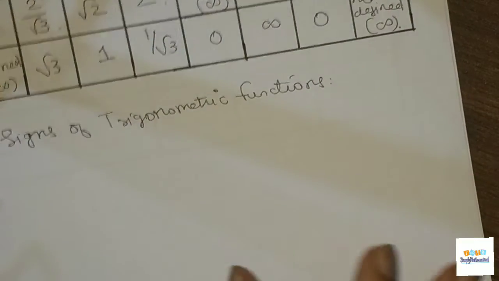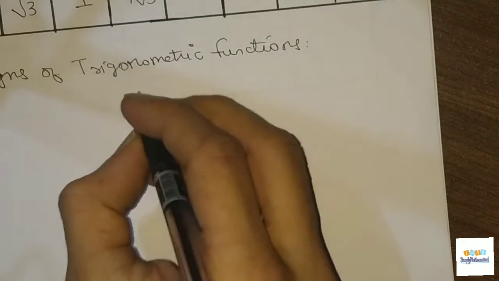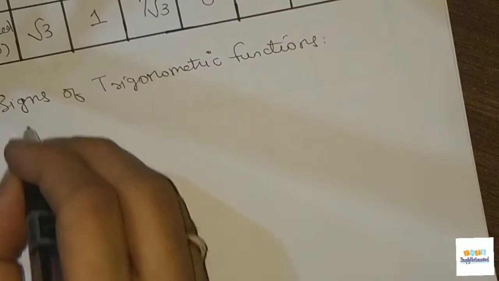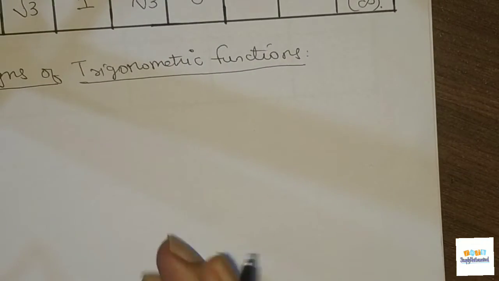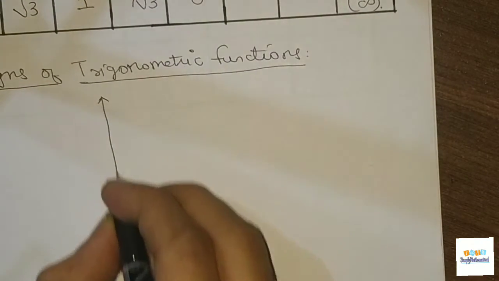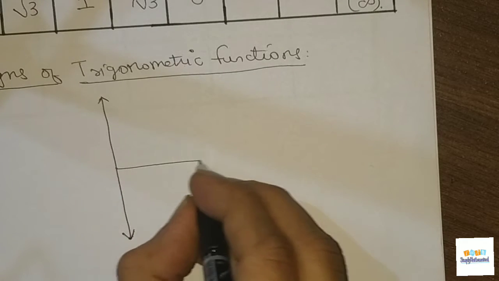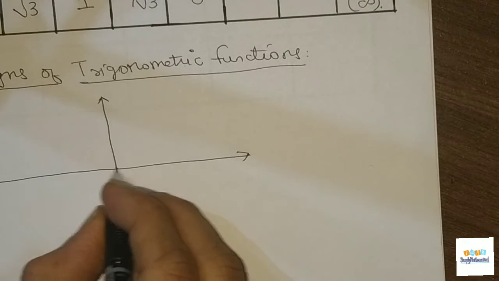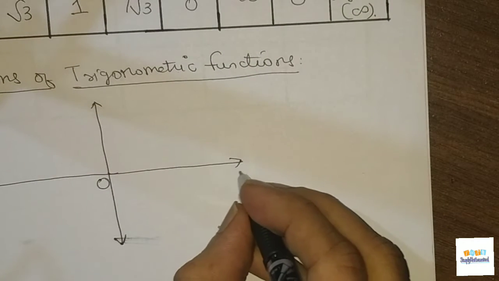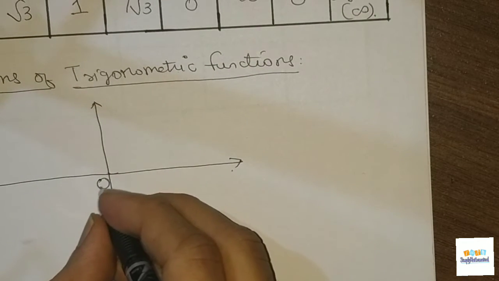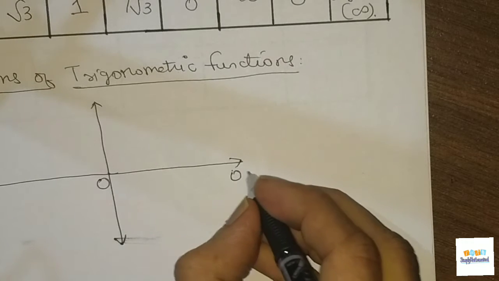Okay, now here you look at the coordinate axis first. First I'll tell you how the signs of trigonometric ratios are found. So you look at the coordinate axis, this is the origin, this is 0 degrees.